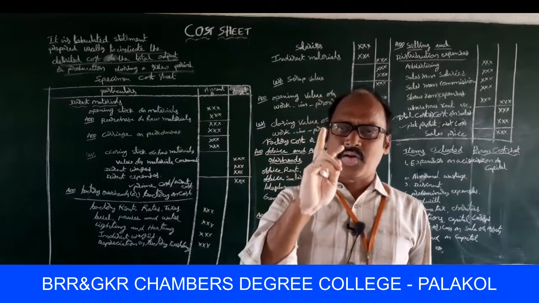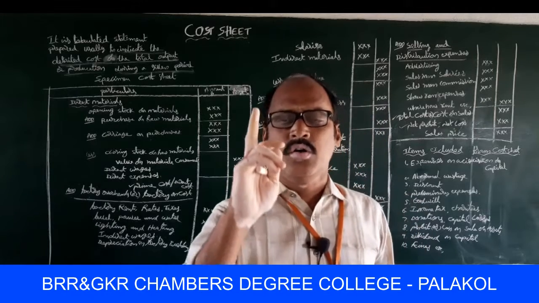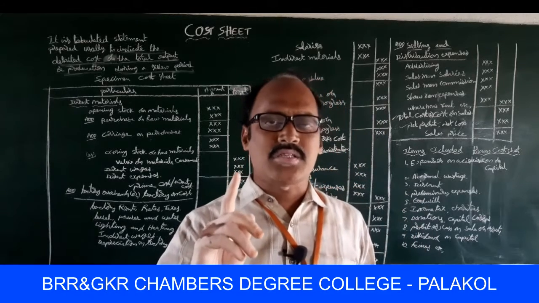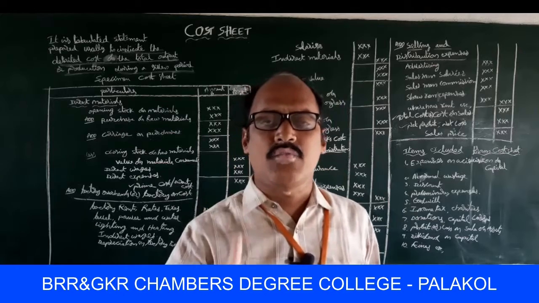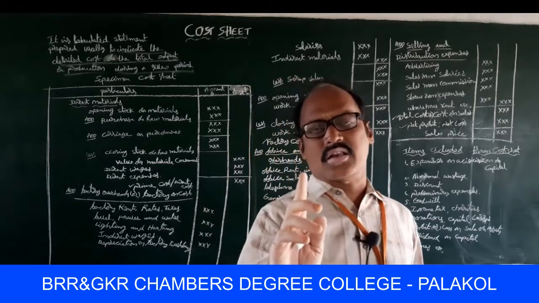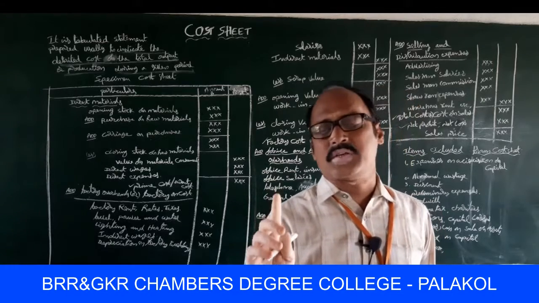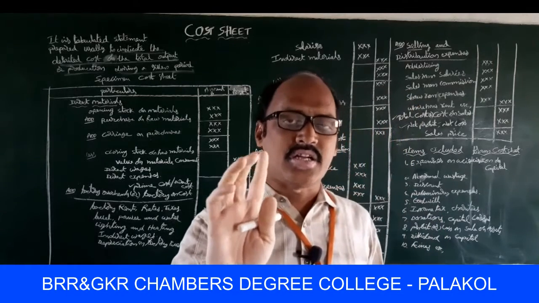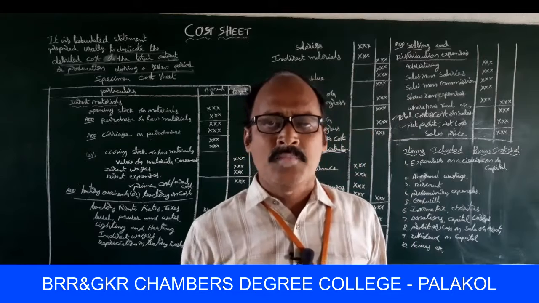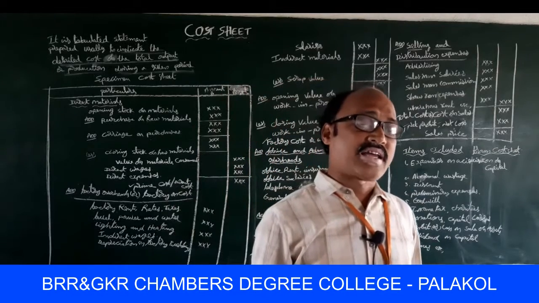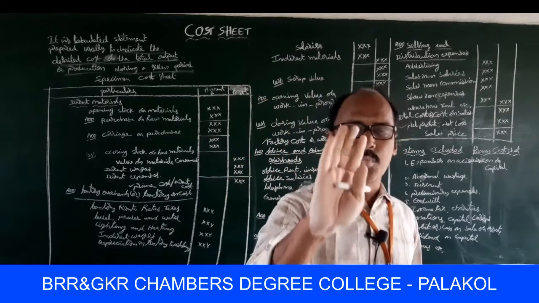Some of the expenses are related to prime cost, some to factory overheads, some to office overheads, and some to sales and distribution expenses. So the total costs are categorized into 4 parts.